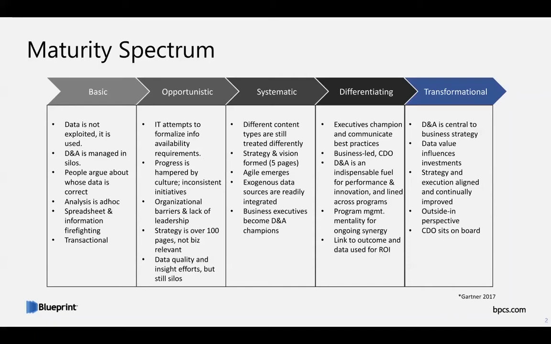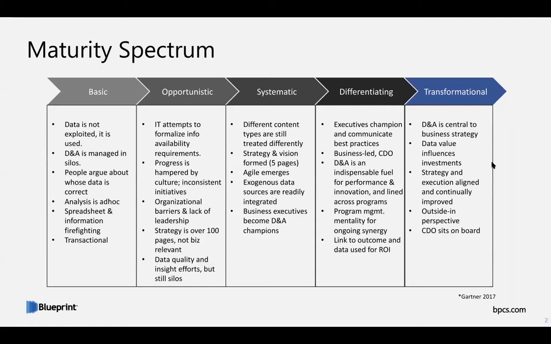Starting off on the left side of the screen, we start at basic and move through transformational. These aren't hard and fast definitions. It's just a framework for trying to understand the overall data maturity of an organization.